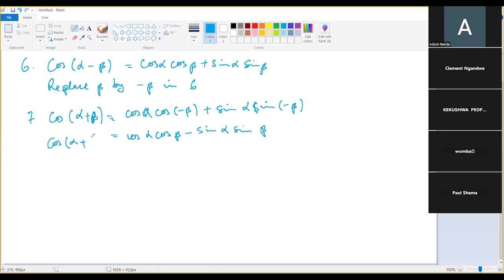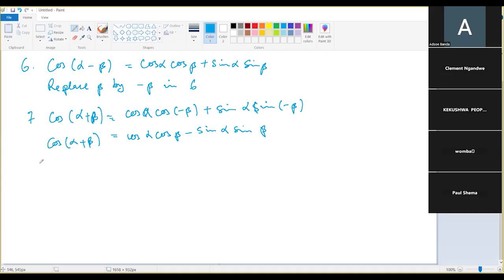So this is our seventh identity. So the cosine of alpha plus beta is just going to be the cosine of alpha times the cosine of beta minus the sine of alpha times the sine of beta. Right, so those are the two identities that we get from what we have done.